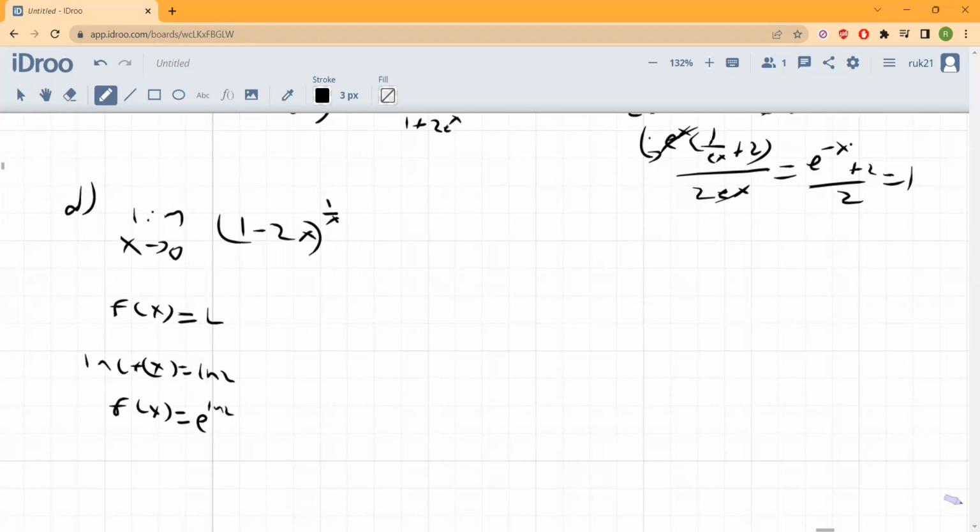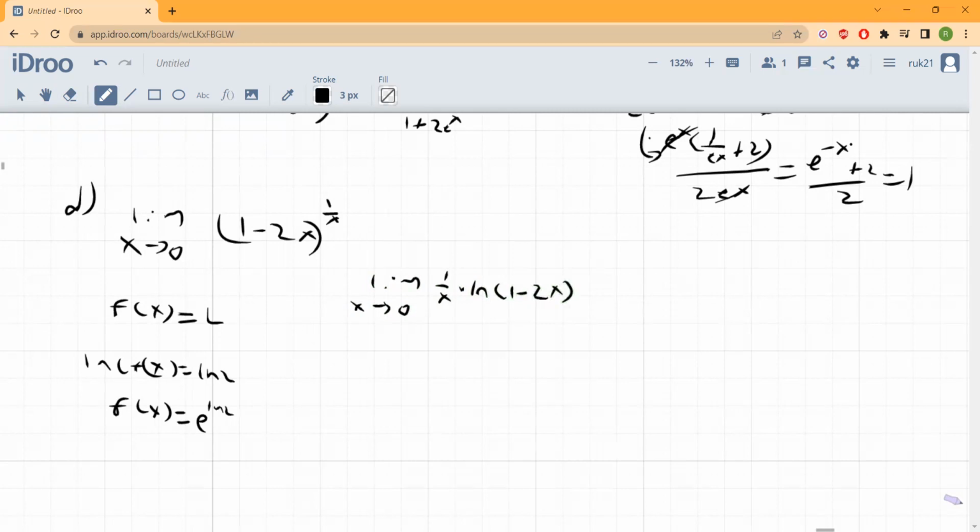So if we do it, we're going to get the limit as x goes to 0 of 1 over x times ln of 1 minus 2 to the x, just like that.